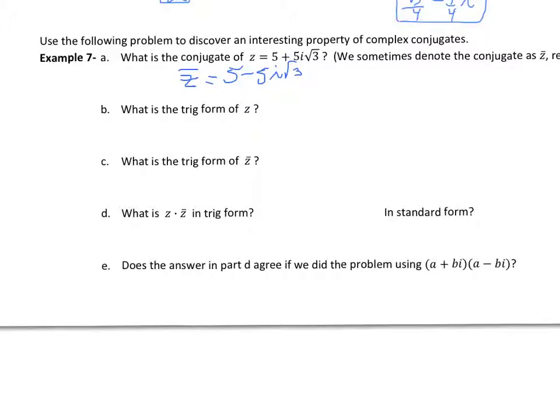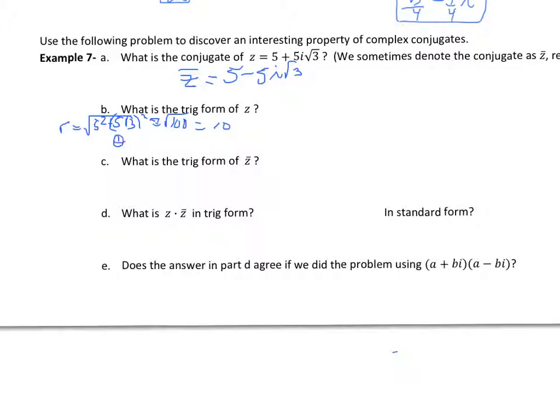All right, now let's put these in trig form. So r is the square root of 5 squared plus 5 root 3 squared, which gives us 25, and then 25 times 3 is 75, oh, it's 100. Oh, that's nice. Square root of 100, which is 10.